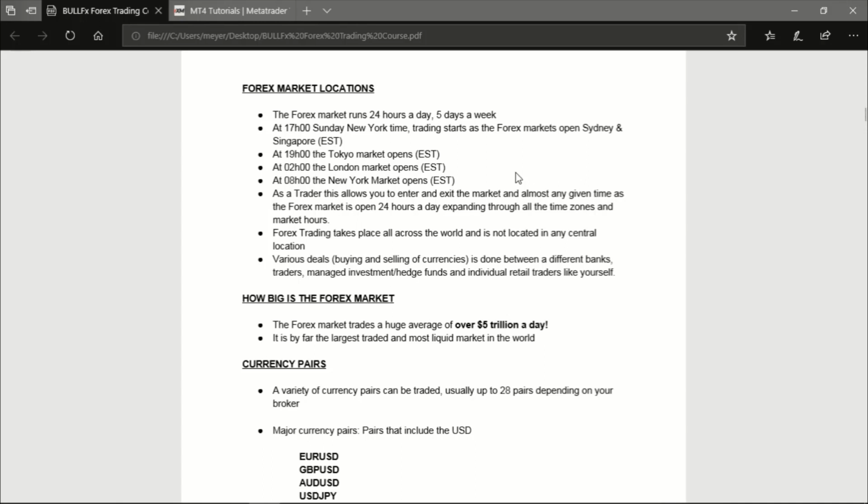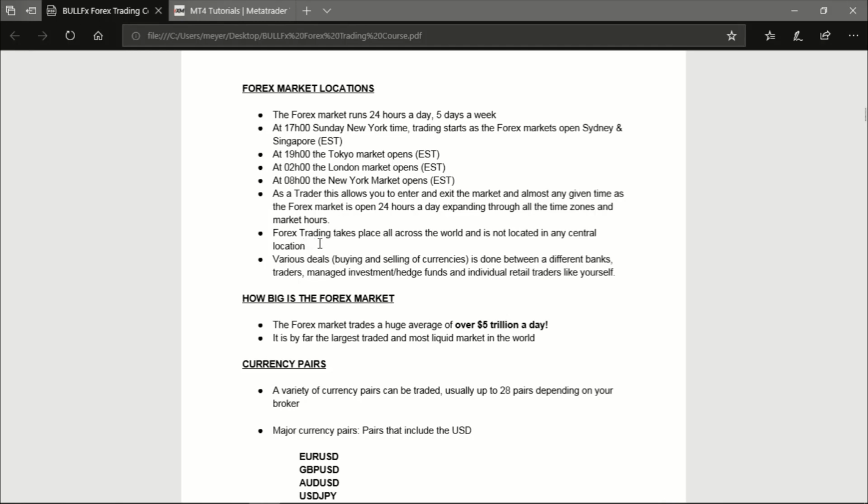Forex trading takes place all across the world and is not located in any central location. Because there's so many different currencies and different countries worldwide, the Forex market is actually basically universal, right?